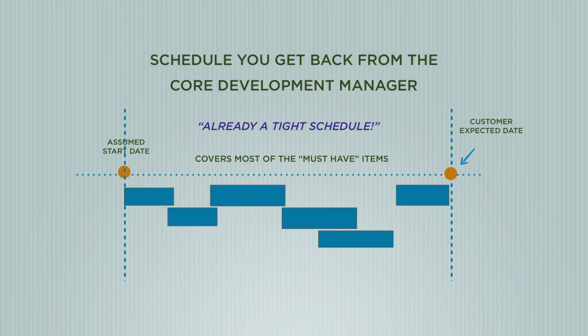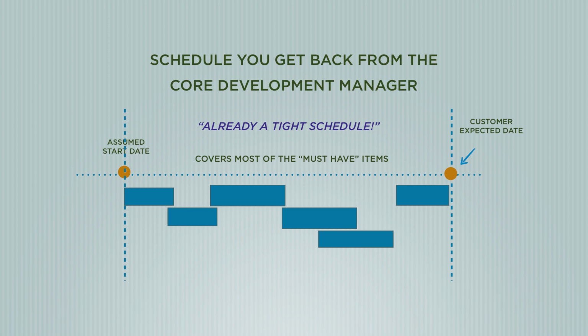Then she's going to look at whether she can fit in the should have requirements and nice to have, but she's obviously first going to start with the must have requirements, and then she'll try to hit the target, and you're probably going to get back from her a schedule that sort of looks like this.